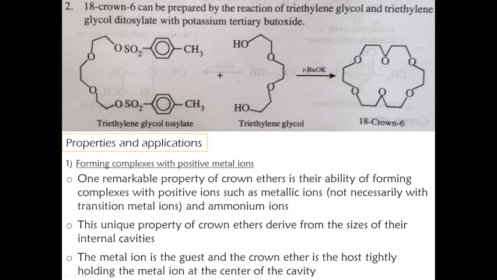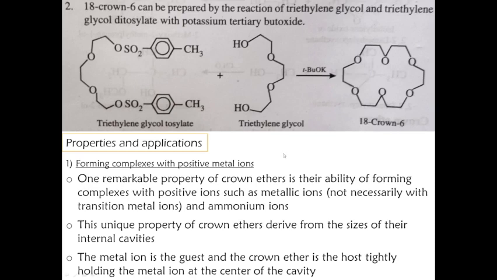Then with potassium tertiary butoxide we get 18-crown-6. The para-toluene sulfonate part is a very good leaving group. It will take up this oxygen and form para-toluene sulfonic acid, SO3H. This part will leave, and along with this hydrogen it forms para-toluene sulfonic acid, and the rest will form the crown.